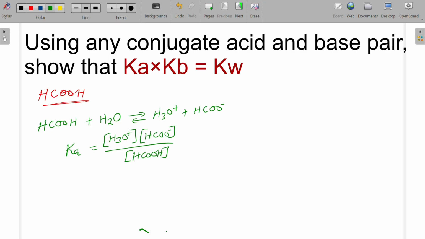So now, after doing that, we're going to take this base that has been produced and put it back in water and also write its dissociation. So let's quickly do that. We have HCOO minus, and we're putting it back in water.